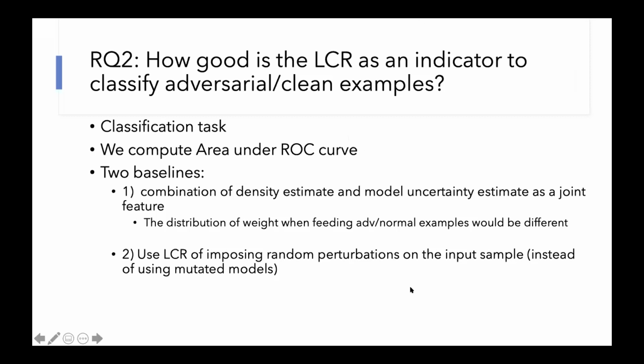And for this baseline, my question lies here. Given LCR imposing random perturbations, I always think there's a difference. Still using the LCR, because the way to calculate LCR is always the same, right? So for the second bullet, you are going to compare the effects of applying LCR on the random perturbation and the adversarial samples.